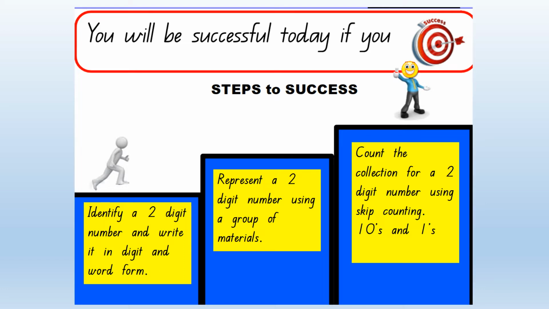Your next step to success will be to represent a two-digit number using a group of materials or a collection of materials. And the third step to success today is to count the collection for a two-digit number using your knowledge of skip counting. So counting in tens and counting in ones.